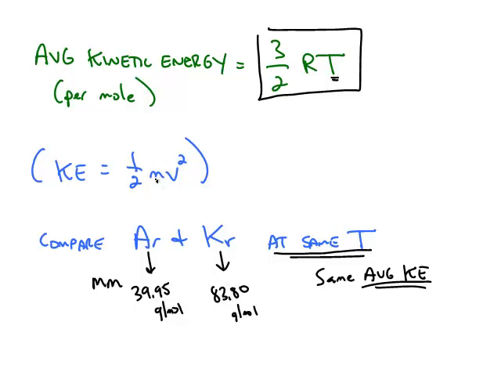So when the mass gets smaller, the velocity has to increase in order to get the same kinetic energy. So what this is telling us is something that we already know. If you have a sample of relatively light molecules, they're going to be moving with an average velocity that's higher than if you have heavier gas particles.